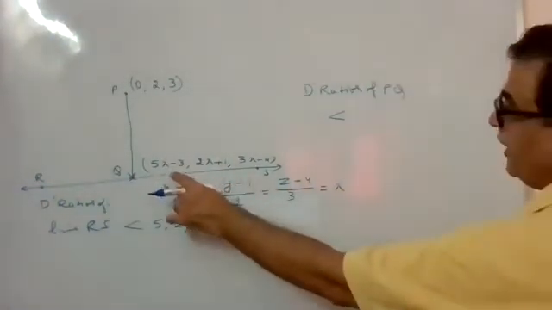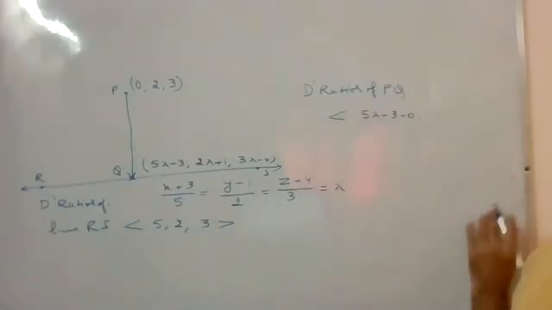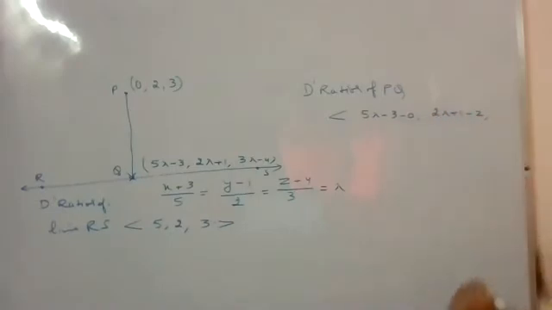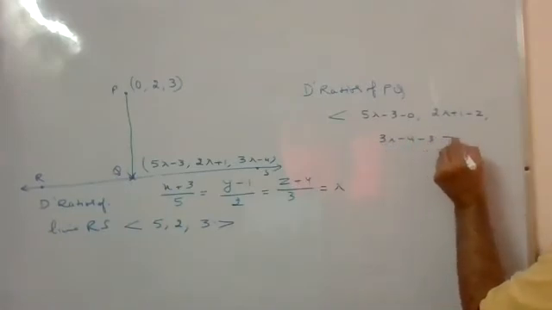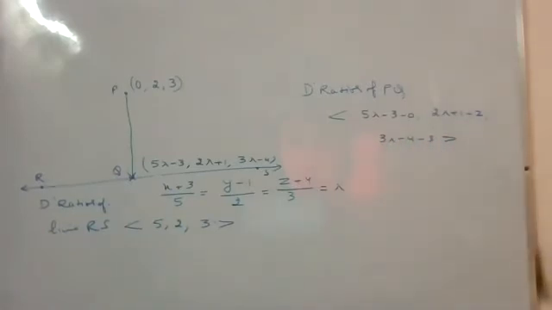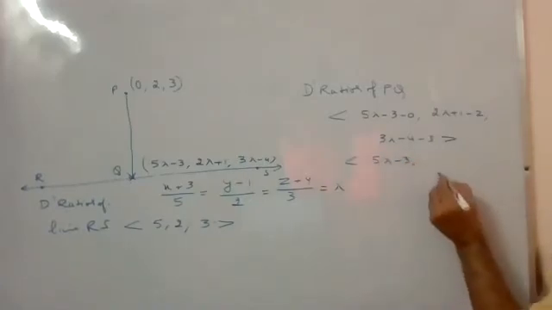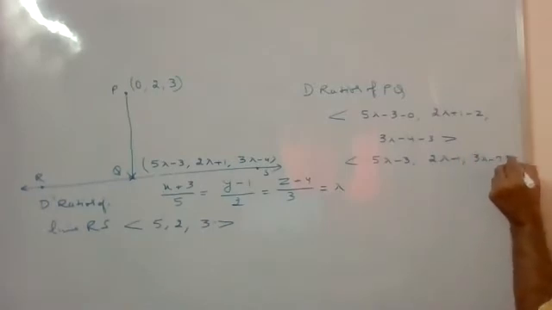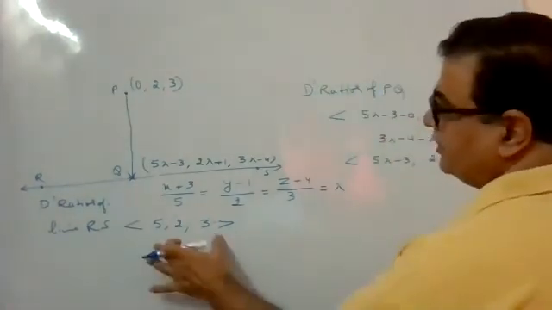So what I get here: 5 lambda minus 3 minus 0 is the first. Second is 2 lambda plus 1 minus 2. And the third one is 3 lambda minus 4 minus 3. Now when you solve it, the direction ratios are 5 lambda minus 3, 2 lambda minus 1, 3 lambda minus 7. I got the direction ratios of this, and I got the direction ratios of this.